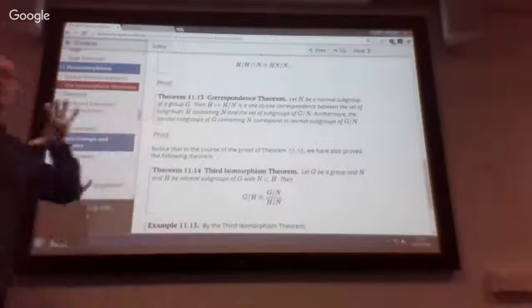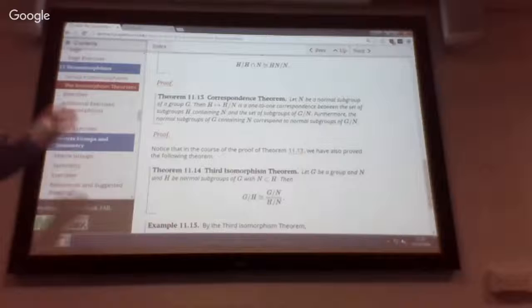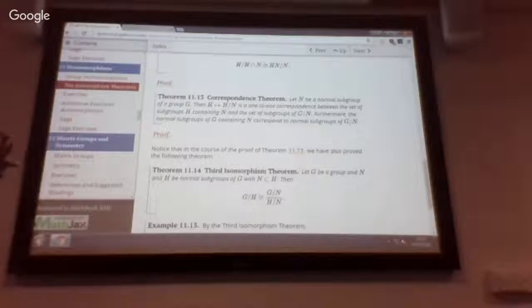Again, this is a really nice mapping, where all the group theory stuff maps across nicely.